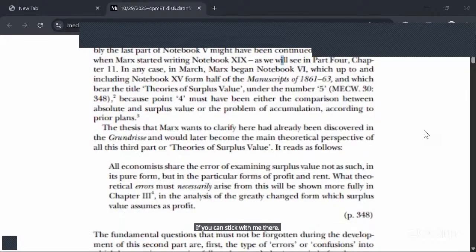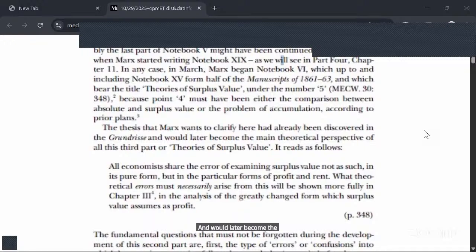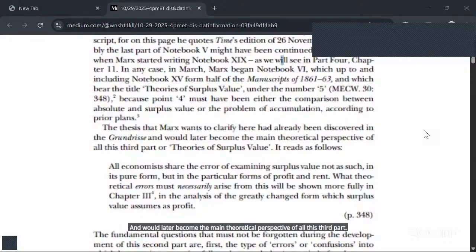The thesis that Marx wants to clarify here had already been discovered in the Grundrisse and would later become the main theoretical perspective of all this third part, or theories of surplus value. It reads as follows, quote, all economists share the error of examining surplus value not as such in its pure form, but in the particular forms of profit and rent.